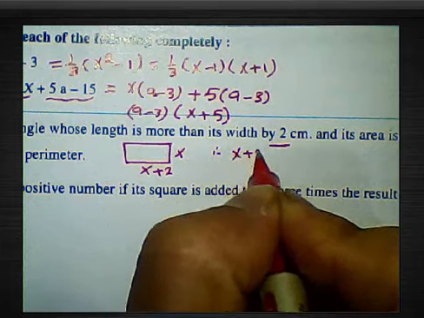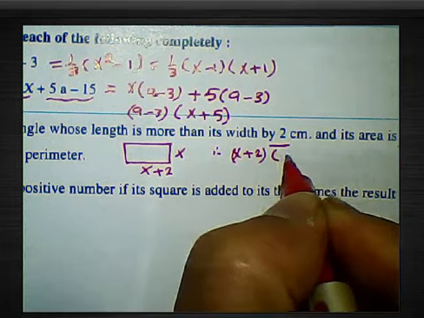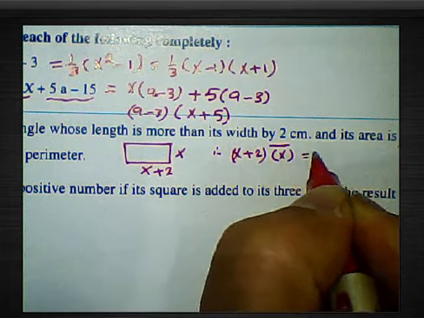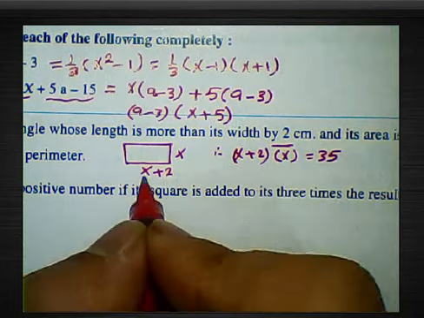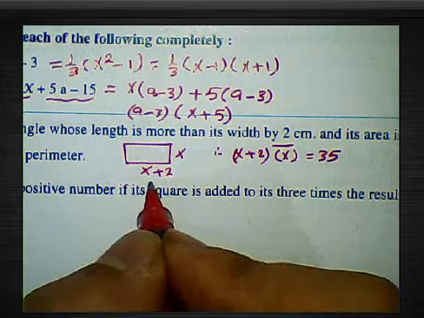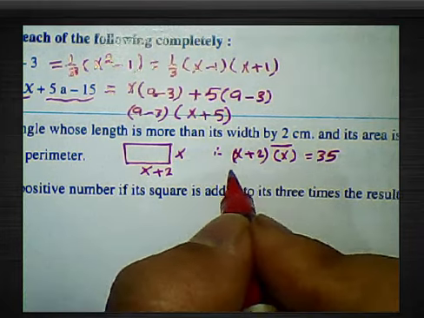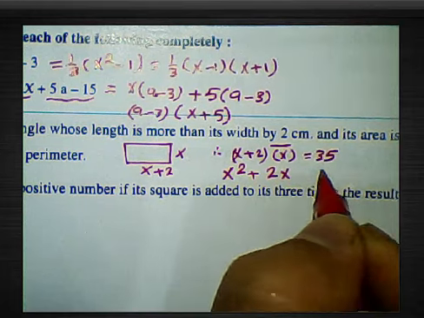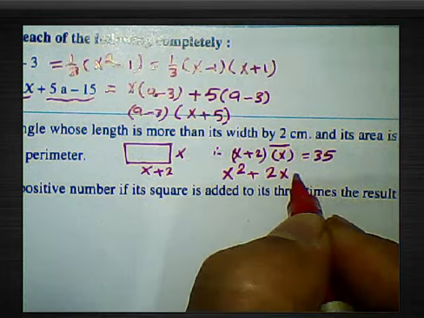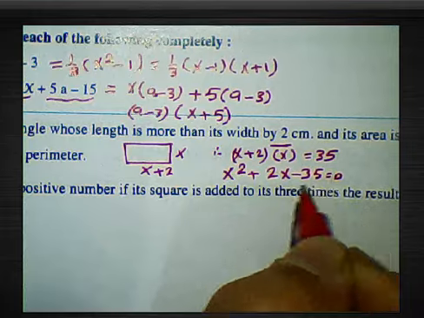Then x plus 2 multiplied by x equals 35. Why? Because the area of a rectangle equals length times width. X times x equals x power 2, plus 2 times x equals 2x, and moving 35 here, it will be negative 35 equals 0.